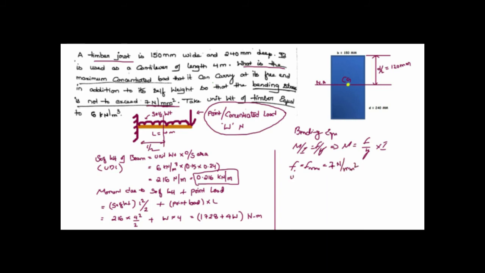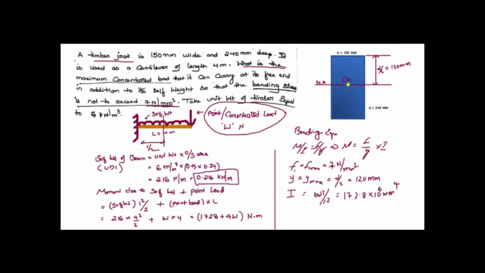And what is Y? The maximum stress is present at the extreme layer, which would be D by 2, and 120 mm is its value. I is BD cube by 12, which, writing the direct answer, is 172.8 into 10 to the power of 6 mm to the power 4.